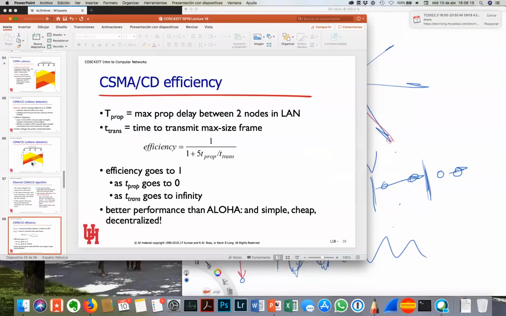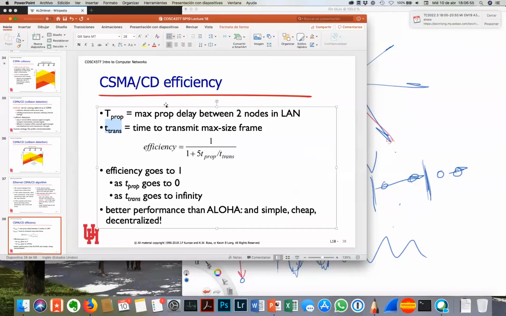Okay, so the efficiency of this, if there's delay between two nodes for the bits to get across the wire once you've encoded them, and this is the time to actually encode the frame size, then your efficiency is 1 over 5 times the propagation delay divided by the transmission delay. As the propagation delay goes to 0, this ratio adds nothing to the formula, and therefore this gets closer and closer to 1 over 1, and that's perfect efficiency.